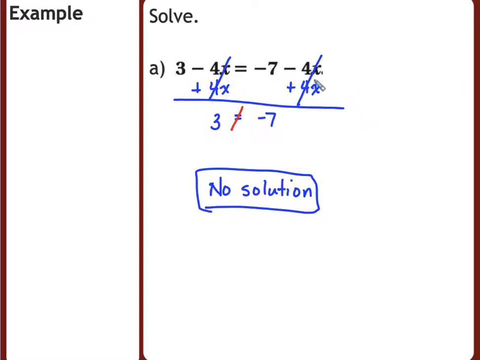If we have a negative 4x here and a negative 4x, no matter what we put in for x, if we put in 1 or 0 or 10, adding 3 to one side and adding negative 7 to the other side just is not ever going to be equal. So that's one case when you try and move the variable term and they both go away and you end up with a false statement.